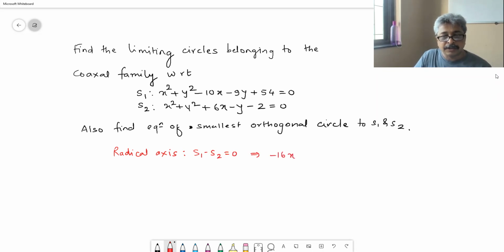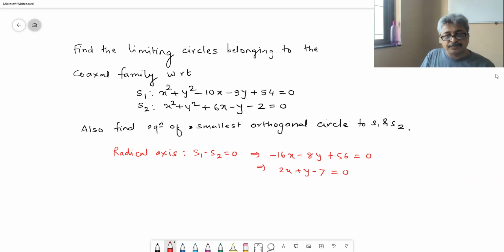Minus 16x minus 8y plus 56 is equal to 0. Now if you divide by minus 8, you get 2x plus y minus 7. This is your radical axis.